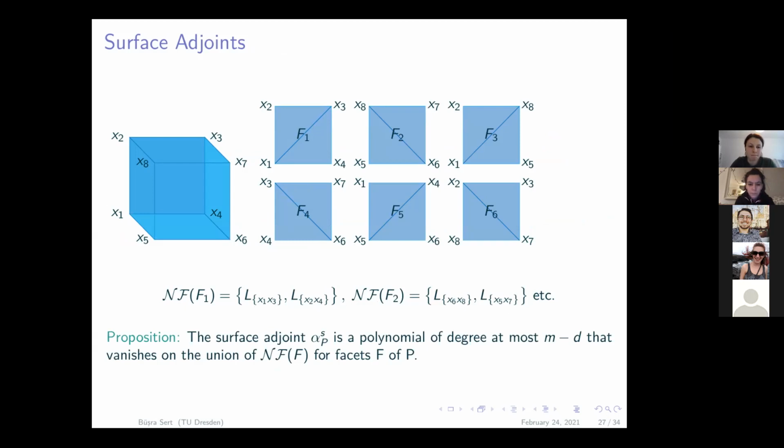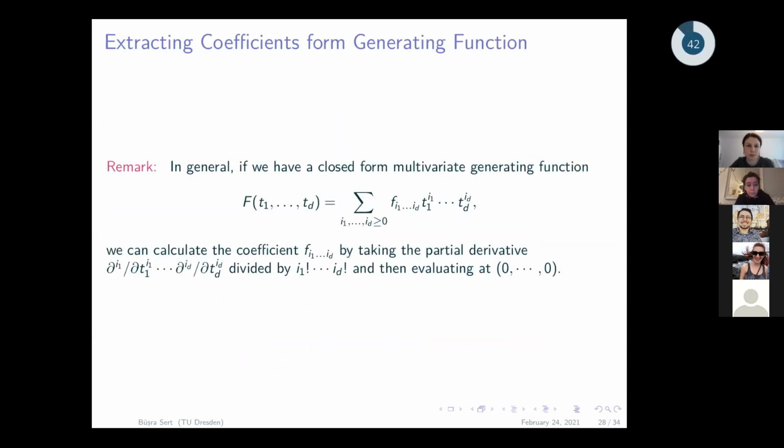We also noticed that with this definition of surface adjoints, we have something analogous to the volume tensors case. This surface adjoint is a polynomial, and it vanishes on the union of those non-face arrangements for each facet.